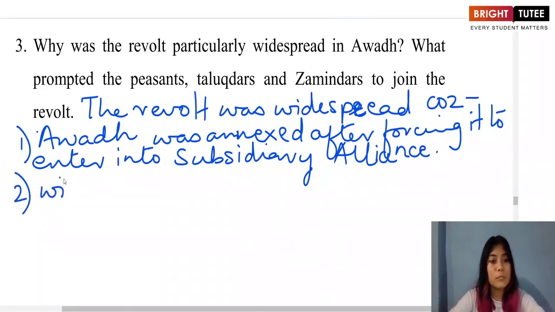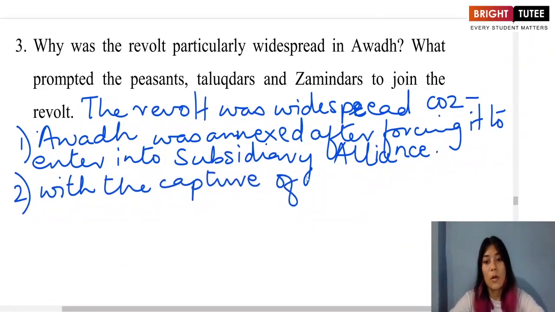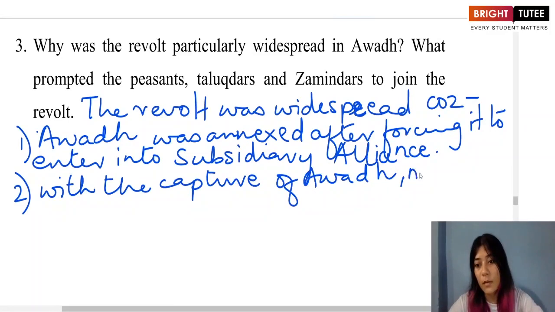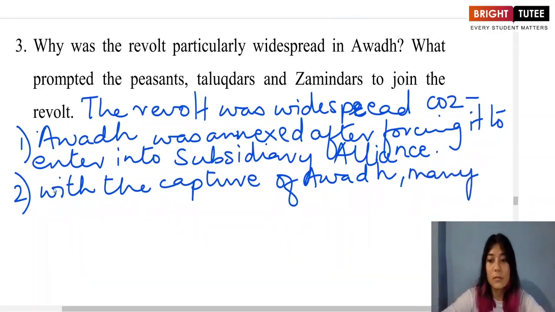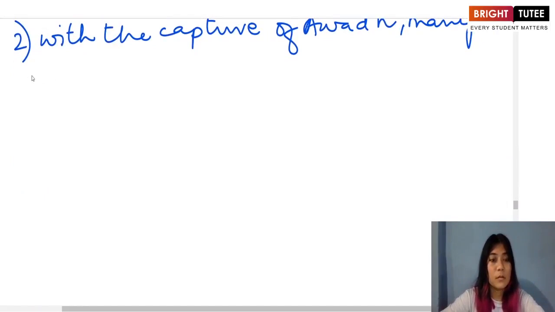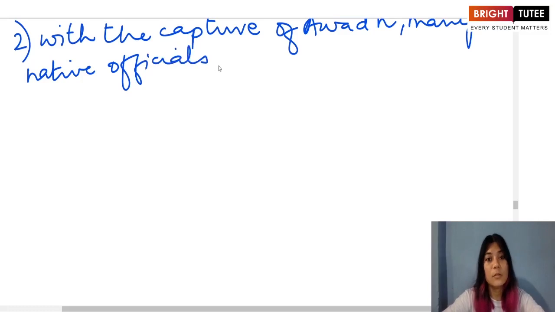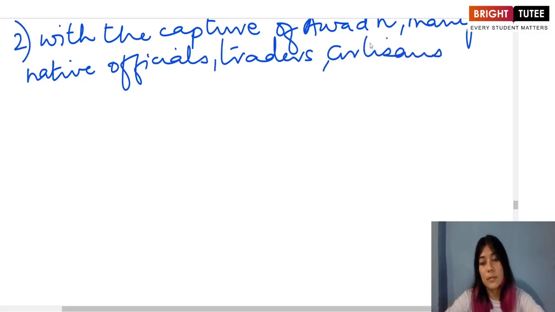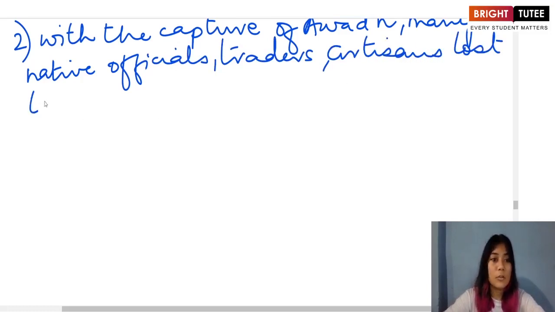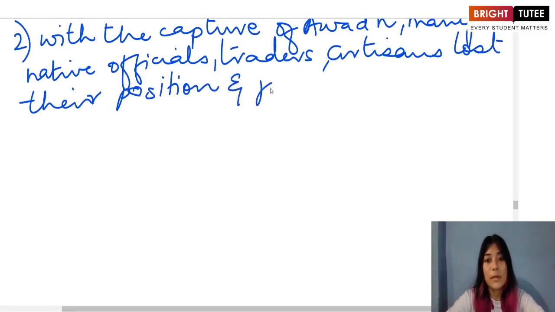Number two, with the capture of Awadh by the British, many native officials, traders, artisans lost their position and jobs.